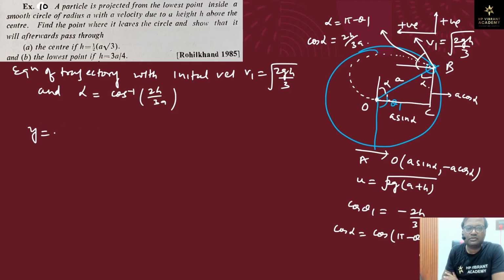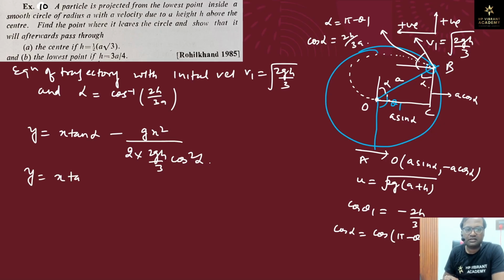So y is equal to x tan alpha minus gx square upon 2 v1 square cos square alpha, that is, 2 into 2gh upon 3 cos square alpha. So we have y is equal to x tan alpha minus 3x square upon 4h cos square alpha, where g gets cancelled.